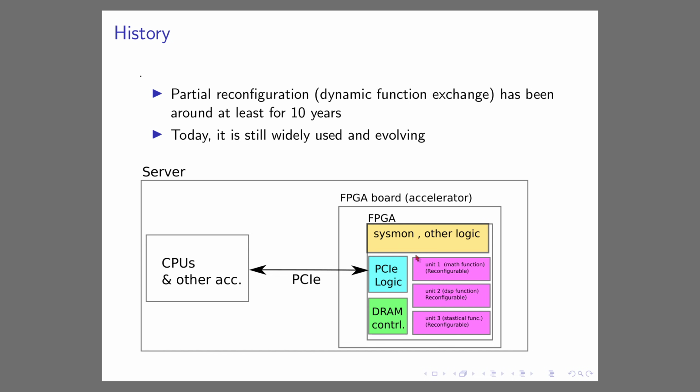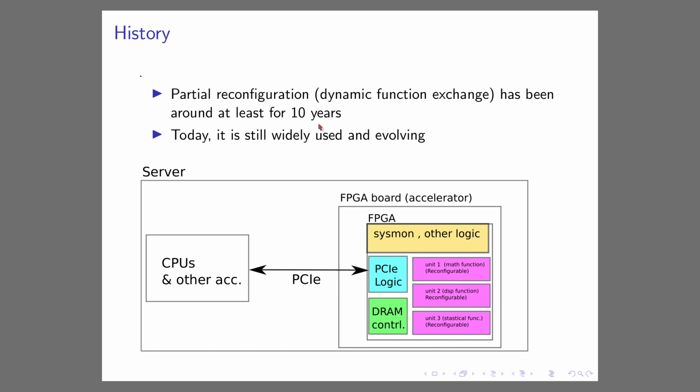There are many examples for partial reconfiguration. These were just a few. Now, partial reconfiguration is nothing special. People from 10 years ago have been doing partial reconfiguration. If you do a very simple search in Google, you can see people have been using Xilinx devices for partial reconfiguration back then.